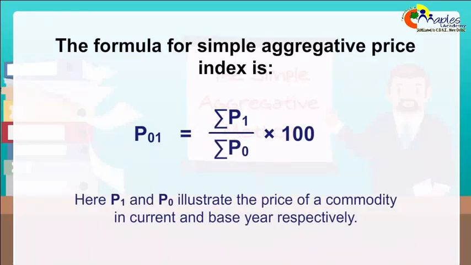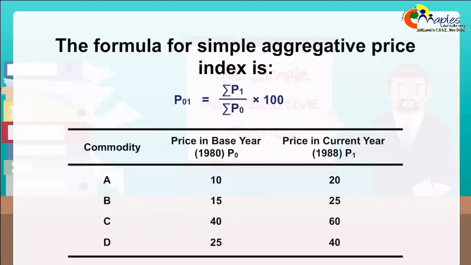Here, P1 and P0 illustrate the price of a commodity in current and base year respectively. The aggregative method is an unweighted measure because it does not clearly reflect the relative importance of the commodities.